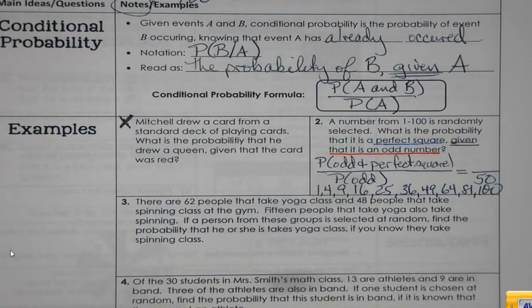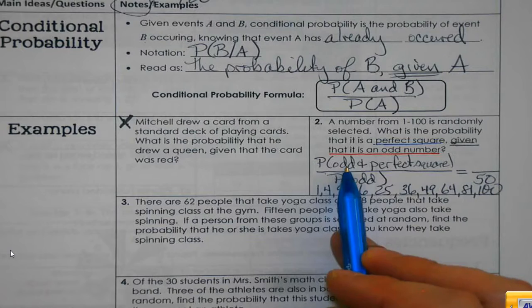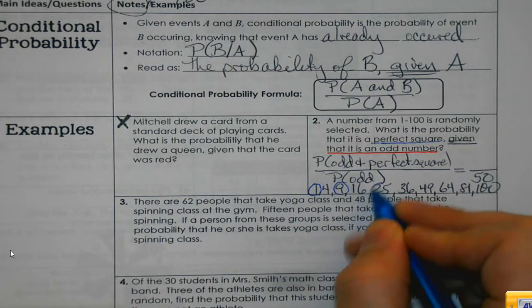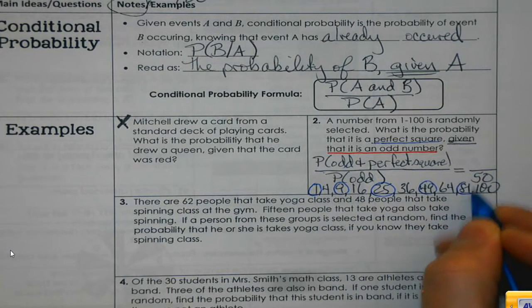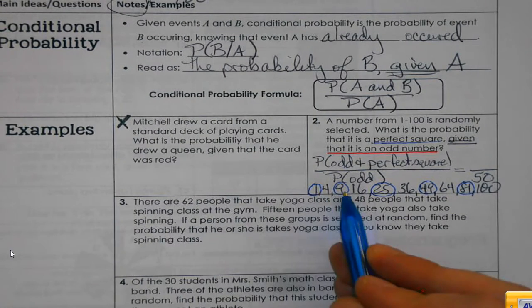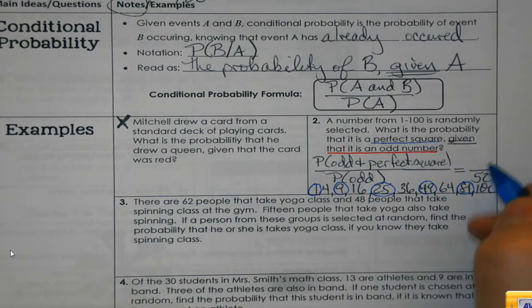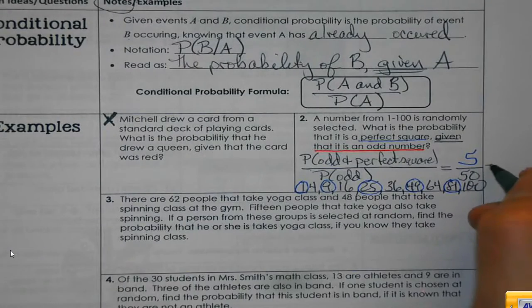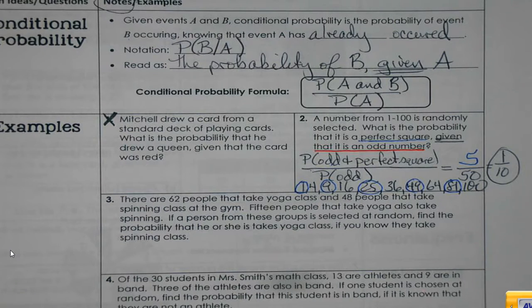But remember, it's not just that it's a perfect square, it's that it's a perfect square and it's odd. So I go find the ones that cover both. 1, 2, 3, 4, 5 of them. And then, as always, if I can reduce my fraction, or just knowing that both those are divisible by 5, I do that.